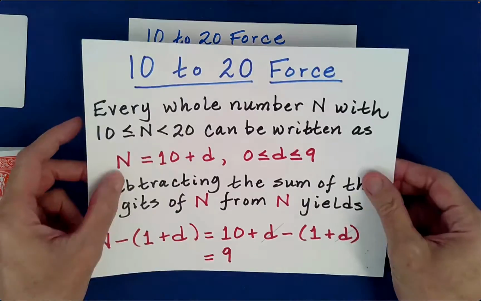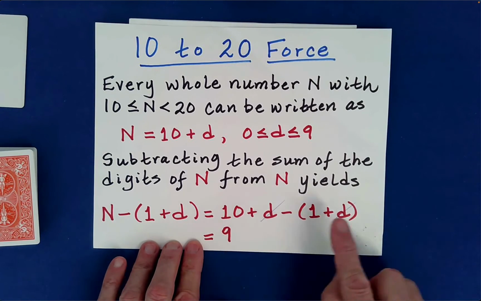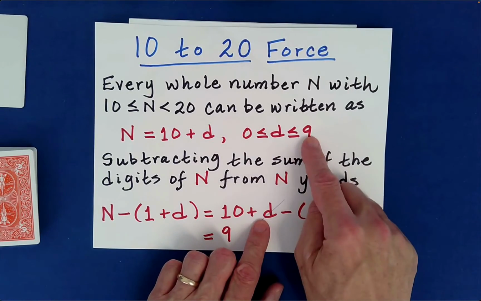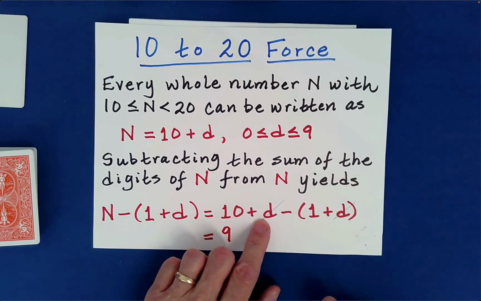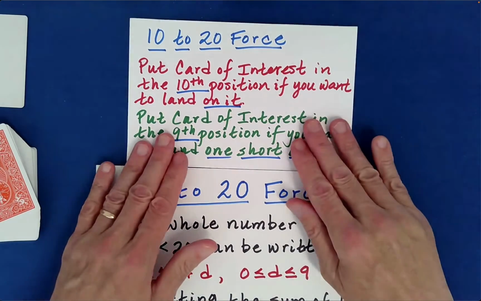And of course, what the proof shows here is this answer of 9 is independent of the value of d. d can be any digit between 0 and 9. So anyway, that's the 10 to 20 force.